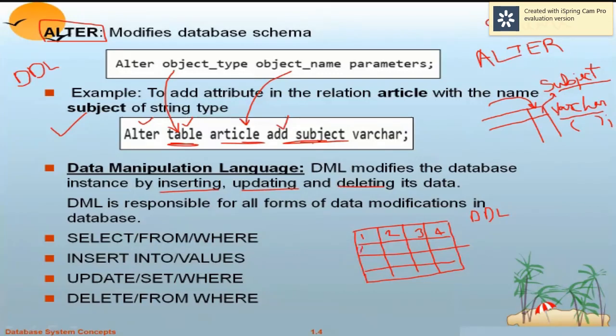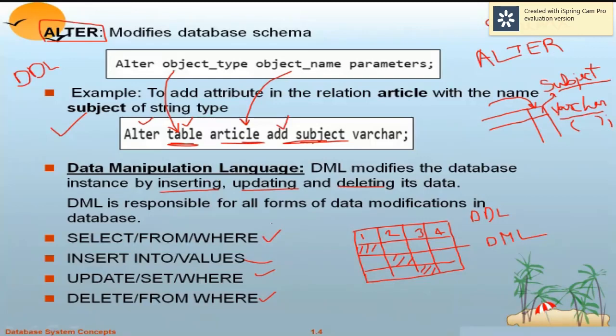These domains are operated using the language called DML. The operation can be a select operation, an insertion operation, an update operation, or even a delete operation. All these operations are performed using DML.